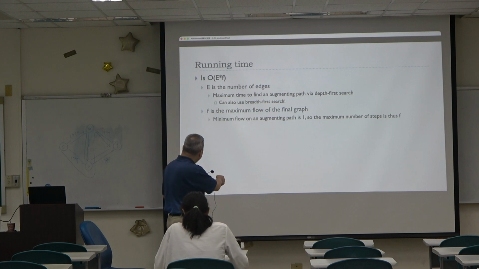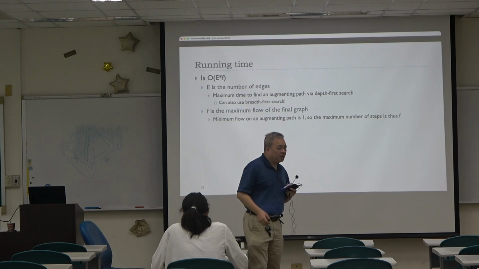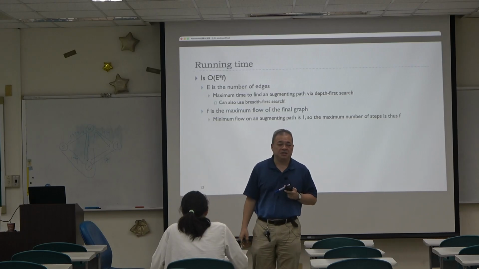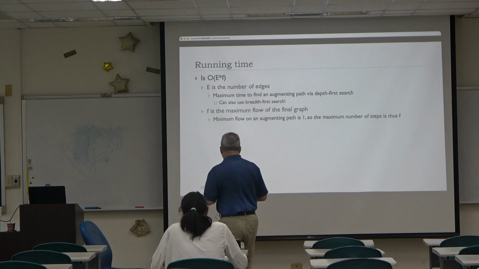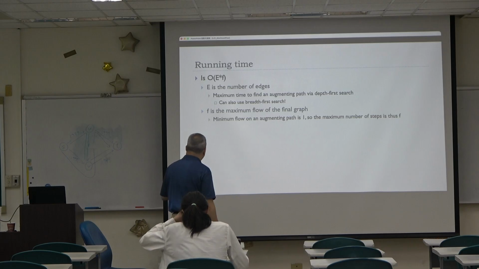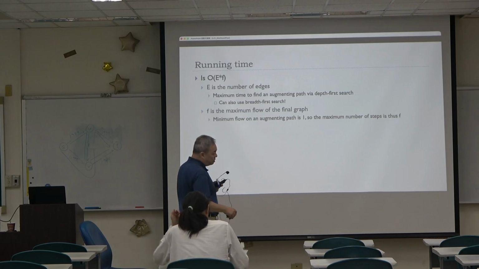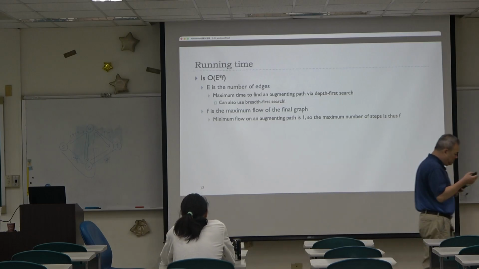As I said, we can use the breadth first search. If we use the breadth first search, it will be different. So the minimum flow of the augmenting path is 1, worst case. So the maximum number of steps is the maximum flow, at the end.